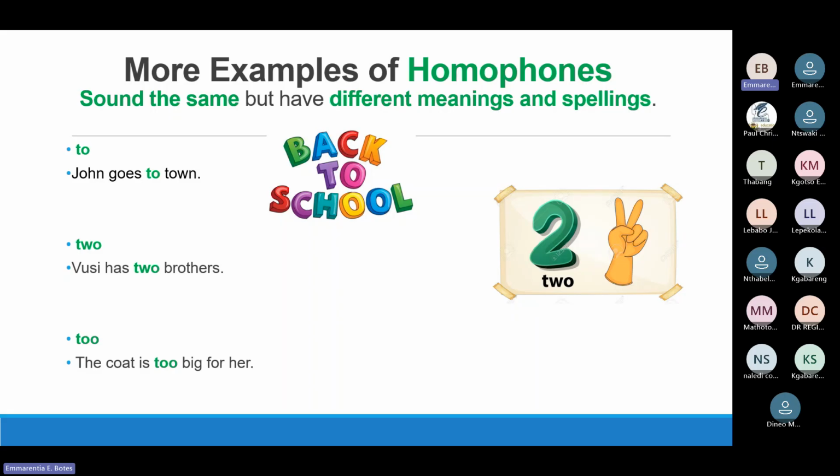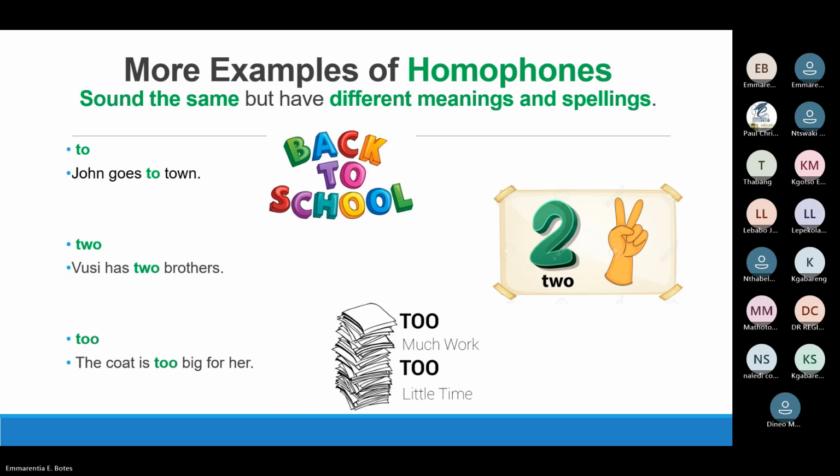When you think of something in excess, like too much work, too little time, then you use the double O. The number, then the TWO, and the short one, "to", I go to town. Those homophones then, they sound the same, all three of them, but they have different meanings and different spellings.